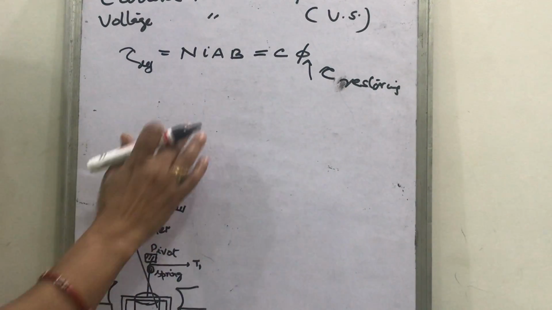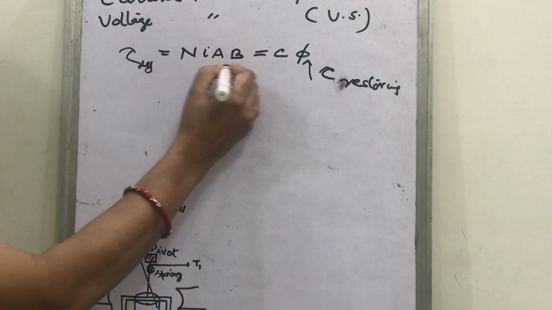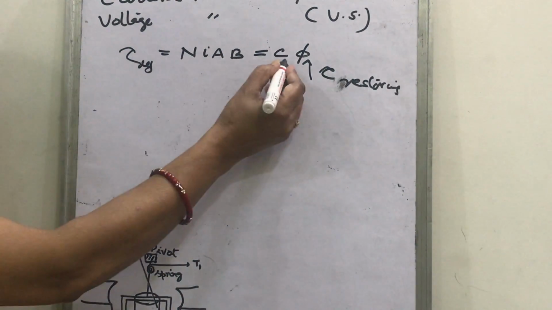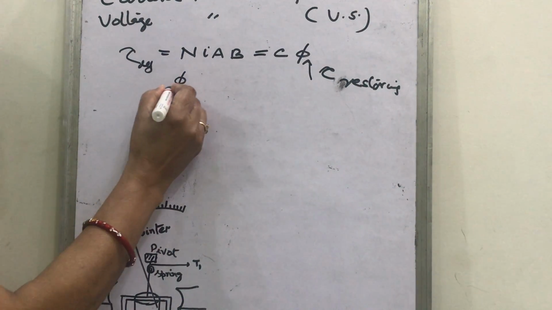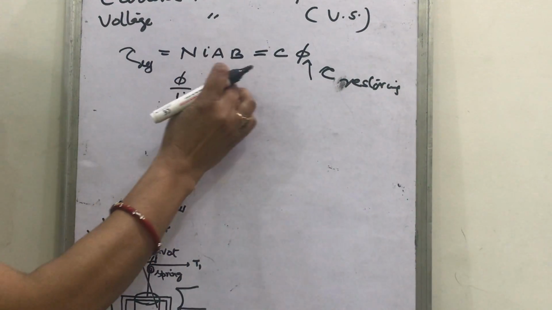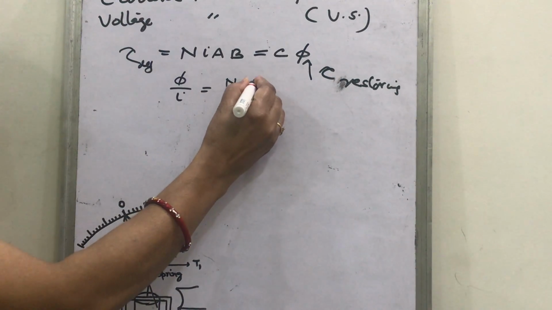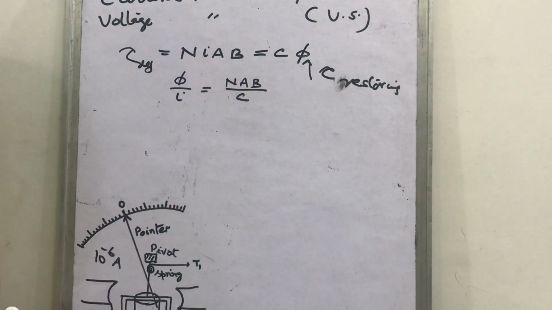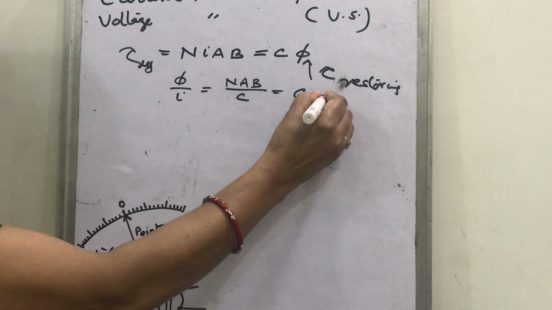We will start from here. We have read in the working that we can write NIAB, the deflecting torque, equal to the restoring torque C phi. Then what is phi upon I? You bring this phi upon I on one side. So phi upon I is NAB upon C. And this is called current sensitivity.